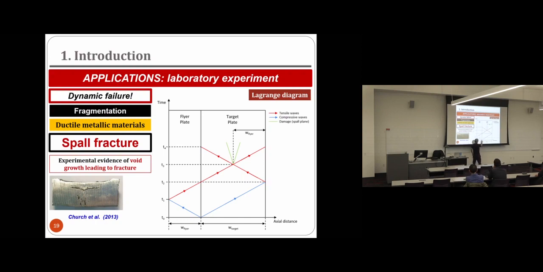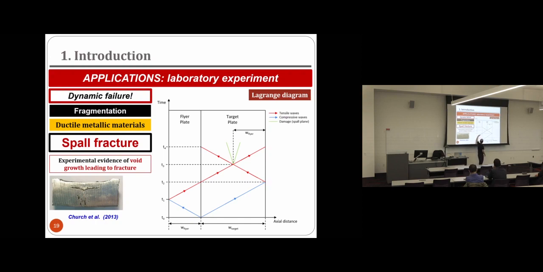So due to the impact, we have this compressive wave, okay? This is the impact interface. The compressive wave travels through the flyer and is reflected at the free surface of the flyer. And this is the compressive wave traveling through the target, which is going to be reflected here at the free surface of the target. When reflected, this compressive wave transforms into a rarefaction wave, a tensile wave, which travels here and unloads the specimen.